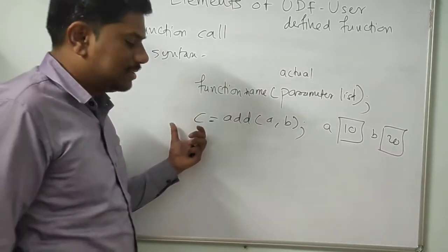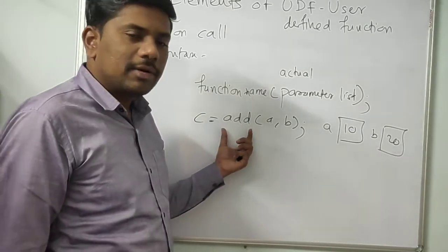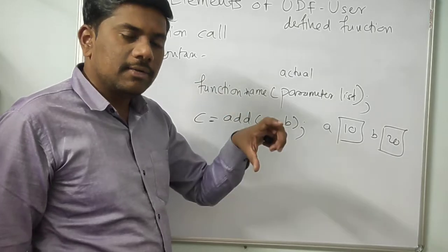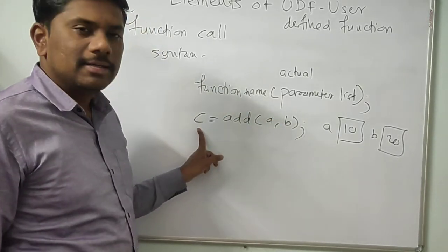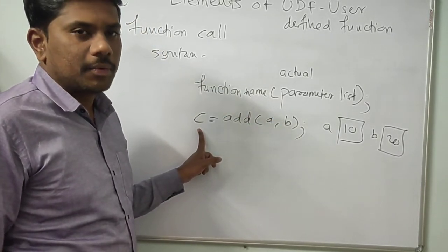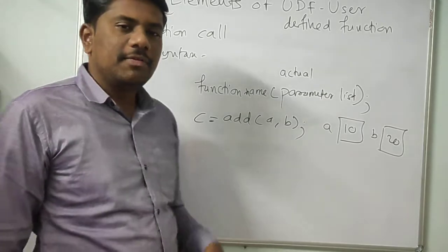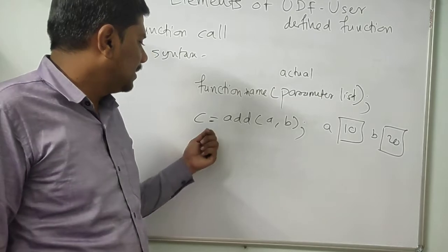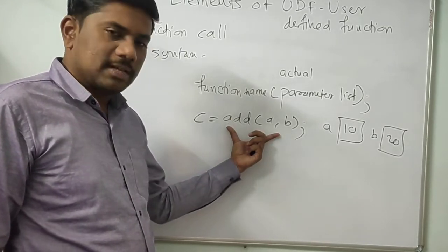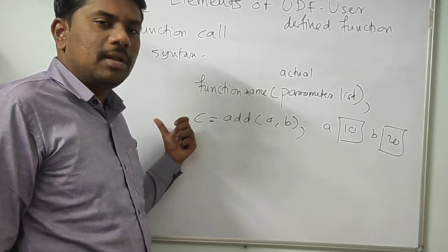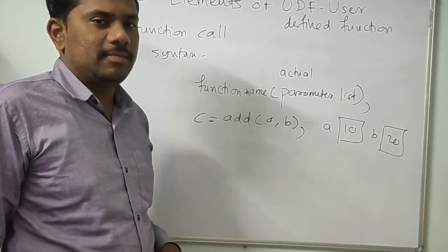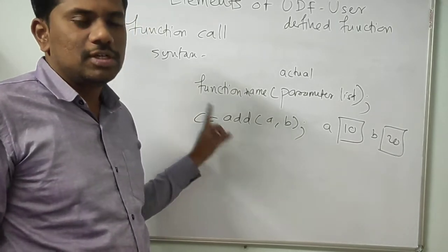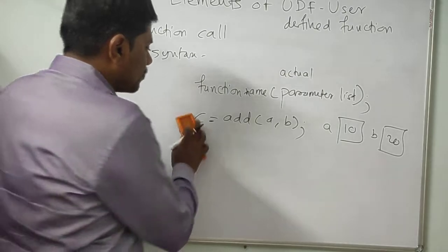Consider this is again an integer variable. So whatever result is returned by that add function will be collected in this variable. So this will be required whenever your function is returning some value. In that case, on the left hand side of this add, you'll require some variable to receive the result which is returned by this add function. So you should remember this also.